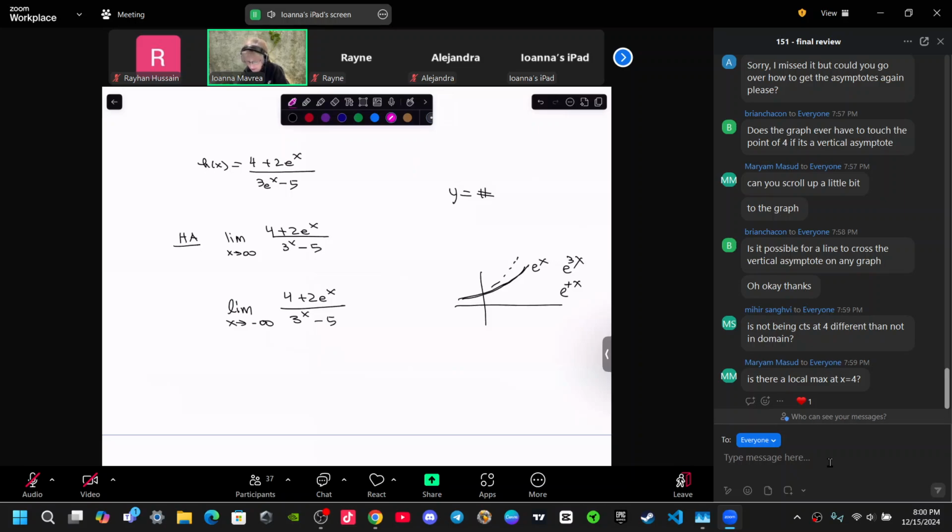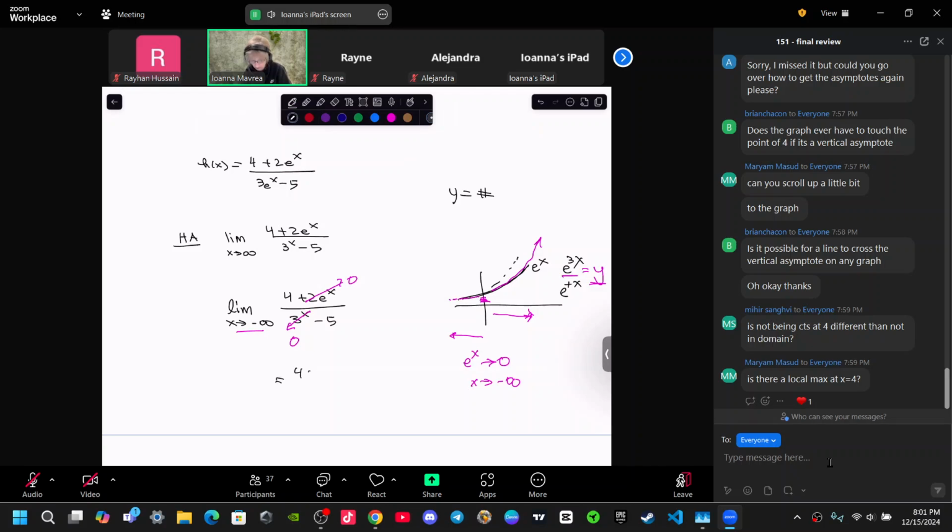So as x goes to infinity, e to the x, which is another way of saying the y coordinate, also goes to infinity. As x goes to negative infinity, e to the x, the y coordinate, is going to 0. So when x is going to negative infinity, e to the x goes to 0.